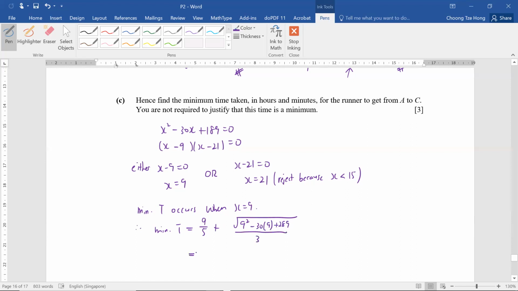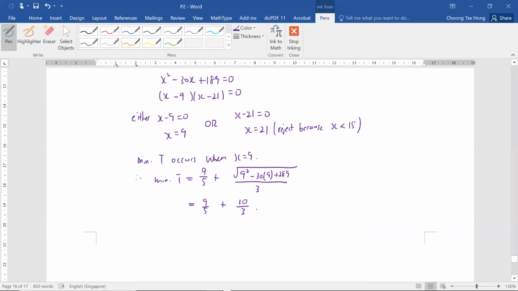If you calculate this, you get 9 over 5. At the top, 9 squared minus 30 times 9 plus 289 gives 100, and the square root of 100 is 10, so you get 10 over 3.